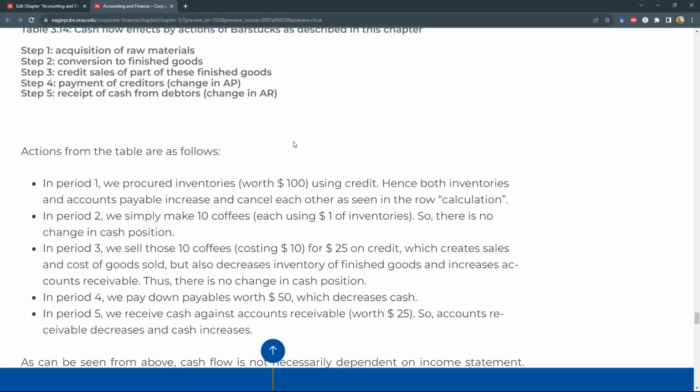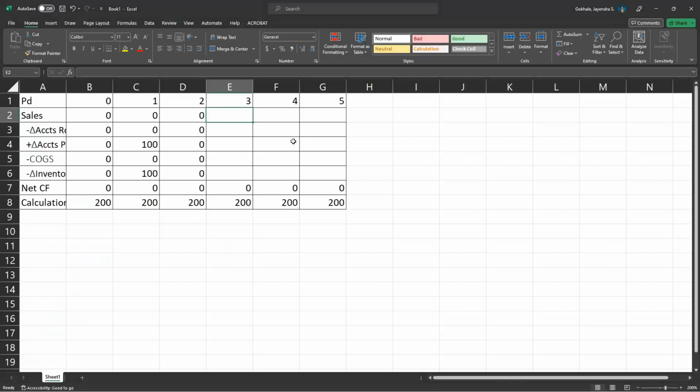Okay, go to period 3. We sell those 10 coffees costing $10 for $25 on credit. So sales, yes, but this sales is on credit, so our accounts receivable also go up. Accounts payable haven't changed. We haven't made any creditor payments yet.